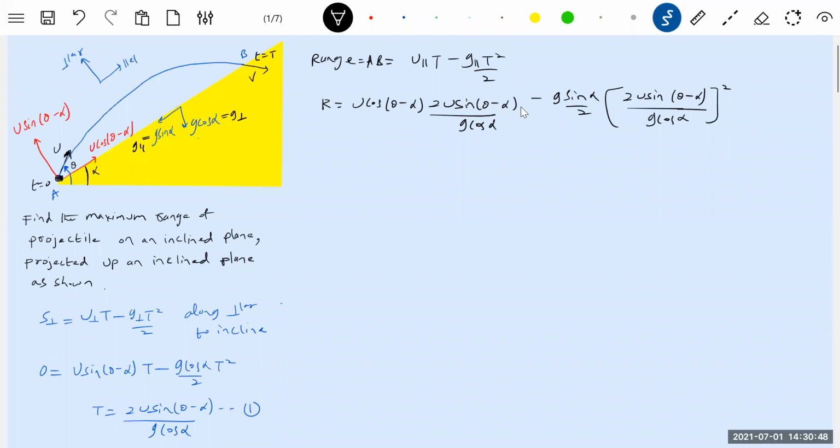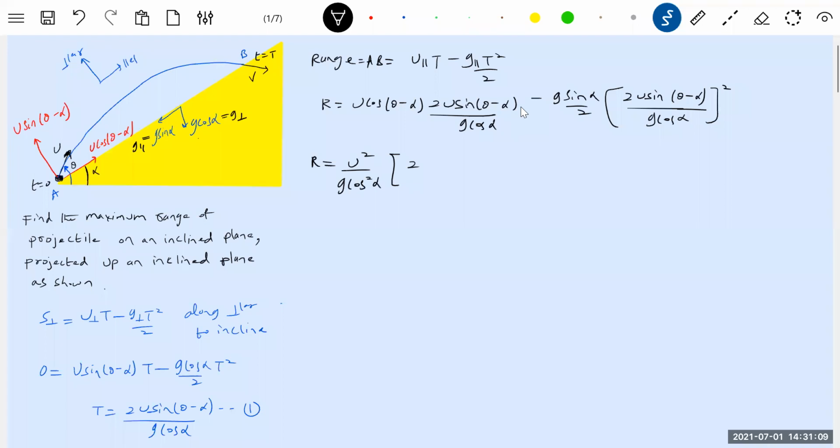So till here, let me do one thing. u square by g cos square alpha, let me take outside.